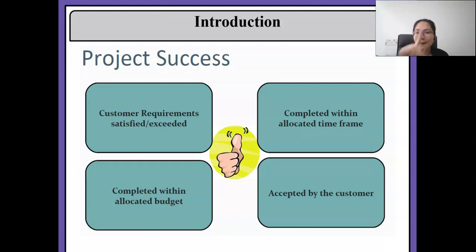That is very important for you. So your company will be happy, your customer will be happy. Complete within the budget. Your accountant and business consultant will be happy because it is within the budget. After that, the product is accepted by the customer, no rejections. Okay, that is considered a successful project.